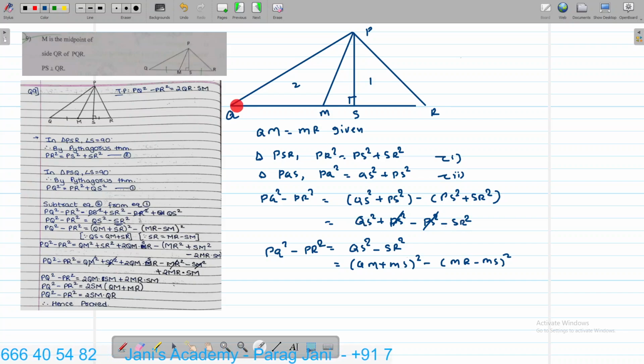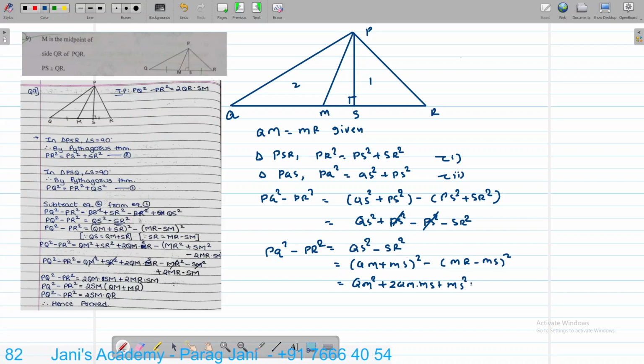Now QS is nothing but the addition of QM and MS, so write QM plus MS. Then SR is MR minus MS. Now you have to use the formula: QM square plus 2 QM dot MS plus MS square.